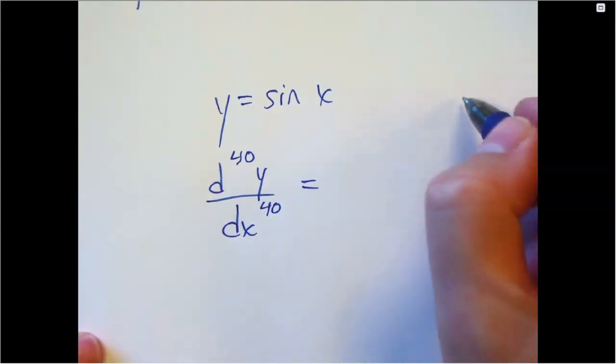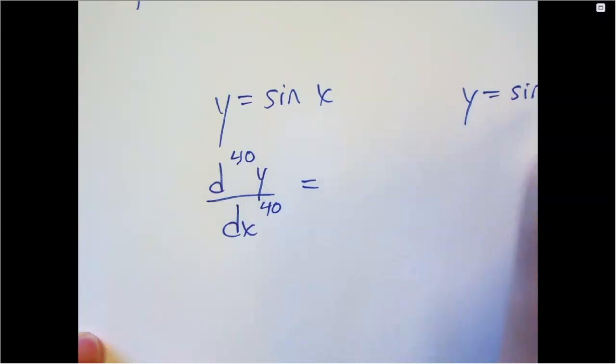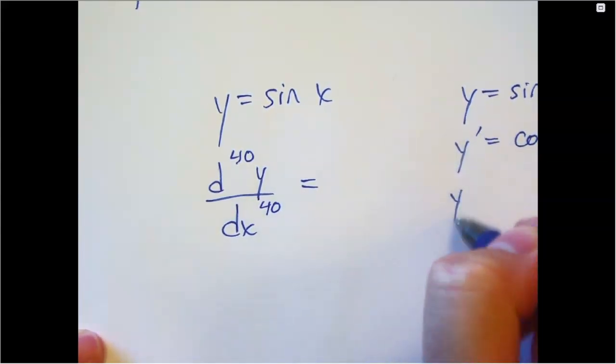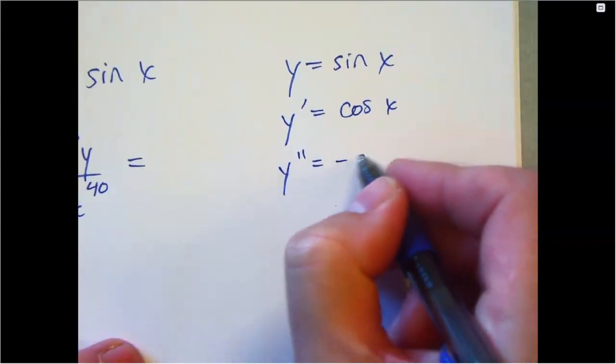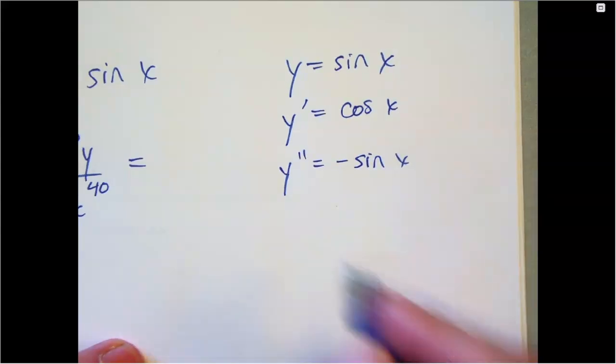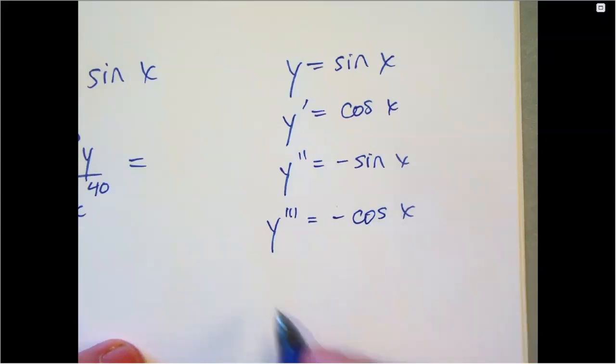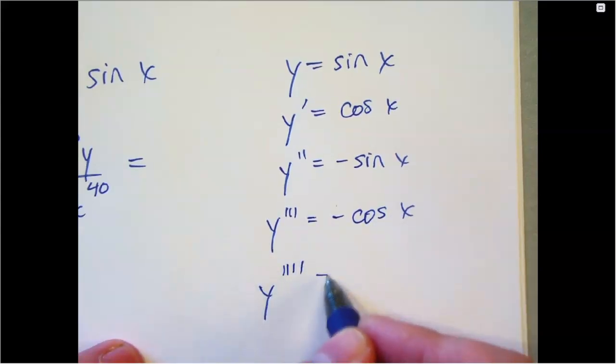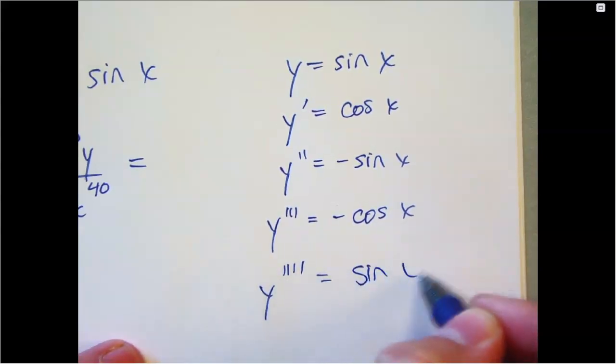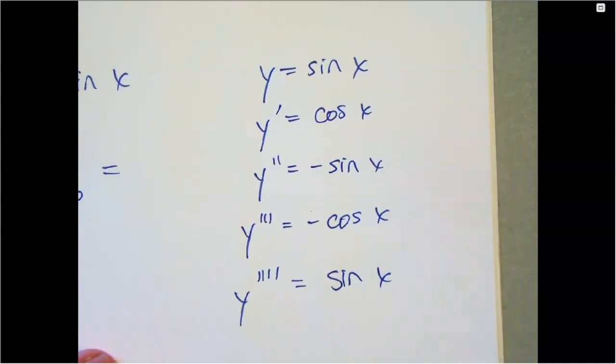Okay, so y equals sine of x. Y prime, first derivative, cosine of x. Y double prime, second derivative, negative sine of x, right? We flip to negative. Third derivative, negative cosine of x. Fourth derivative, sine of x. So aren't you right back where you started?